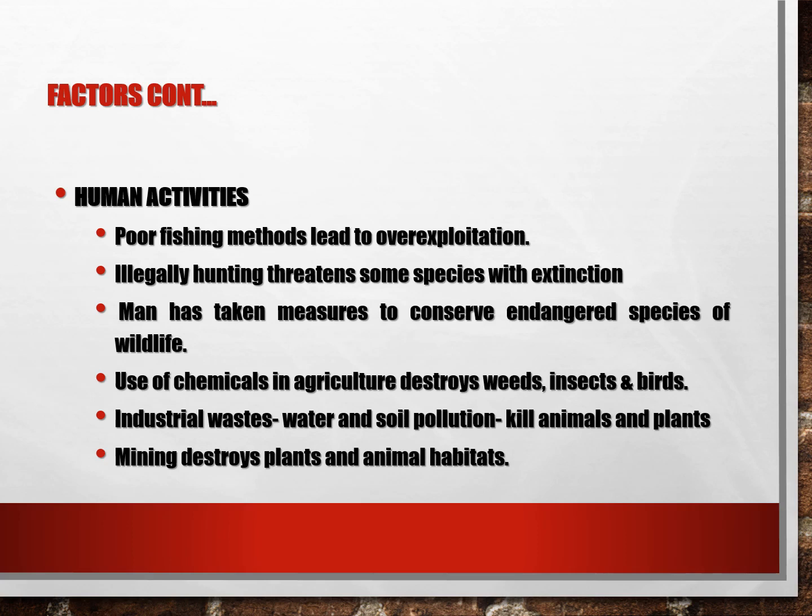Now, illegal hunting will threaten some species. We have seen animals that are almost facing extinction. We have seen the white rhino. The elephants again are endangered because of their ivory. So human activities like illegal hunting and poaching threaten some species of animals.